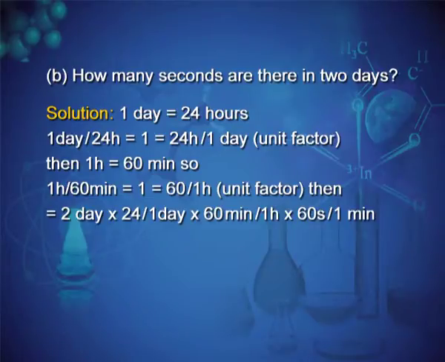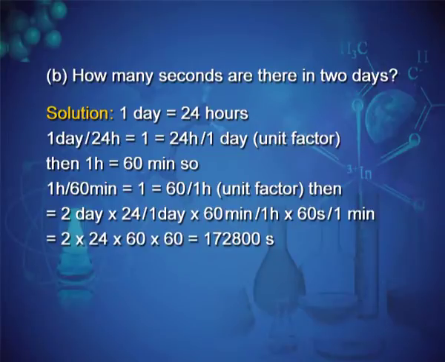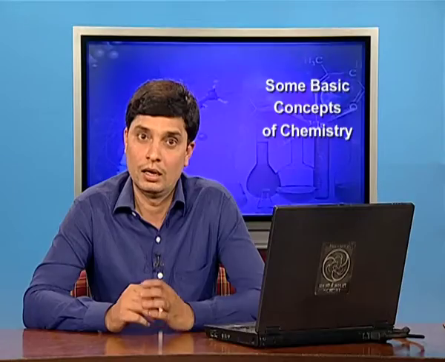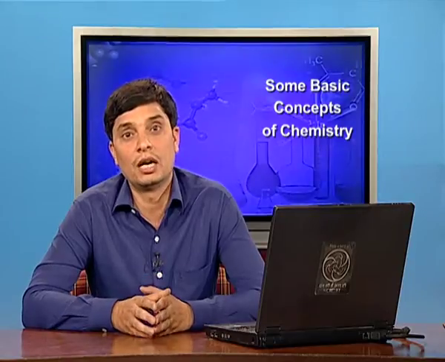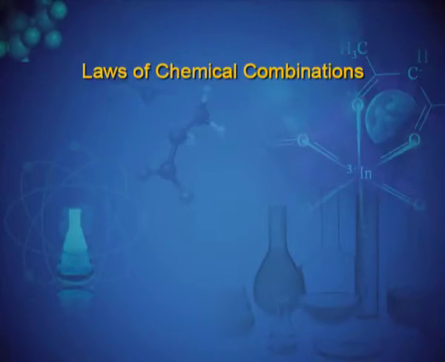Then 2 days into 24 hours by 1 day into 60 minutes by 1 hour into 60 seconds by 1 minute. So the final answer will be 2 into 24 into 60 into 60 is equal to 172800 seconds.